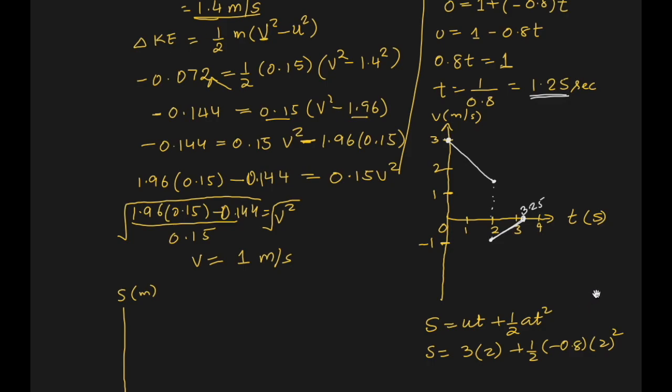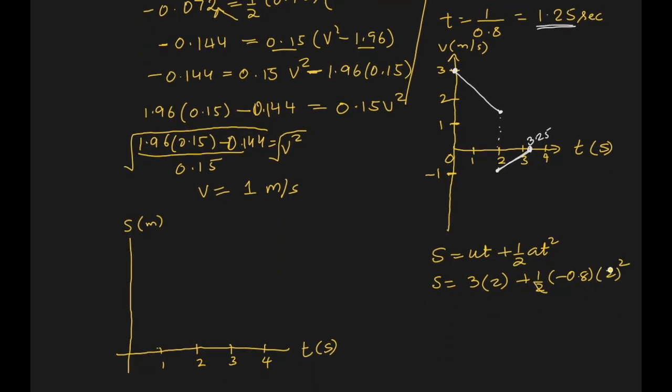So we can cancel this 2, so it is 6 minus 1.6, which is 4.4 meters. So s is 4.4 meters in the first 2 seconds.